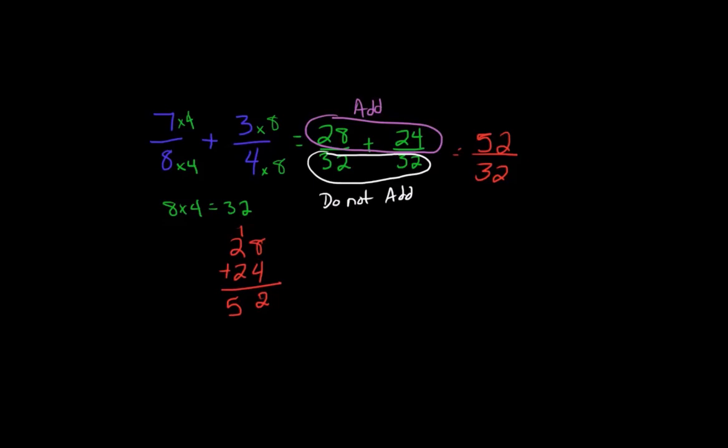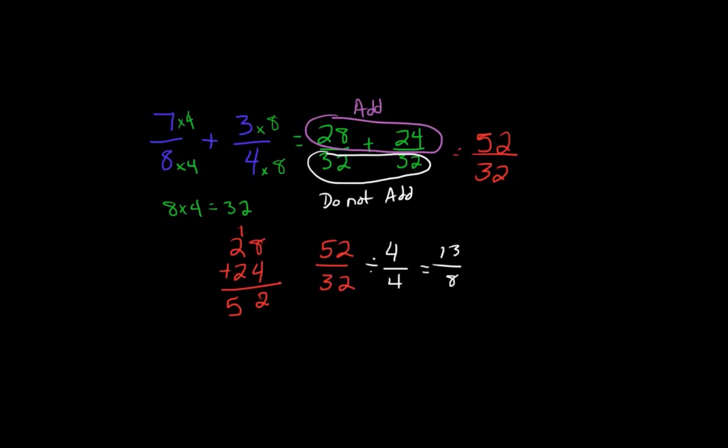Now, 52 over 32 is an improper fraction. So we have to reduce that to lowest terms. I can divide both 32 and 52 by 4. 52 divided by 4 is 13, and 32 divided by 4 is 8. 13 over 8 is still an improper fraction, so we have to make it proper.